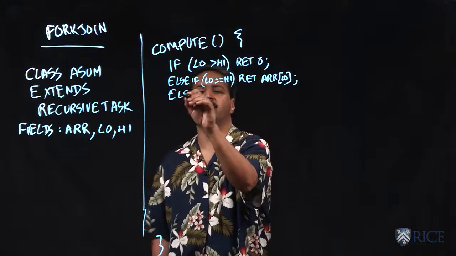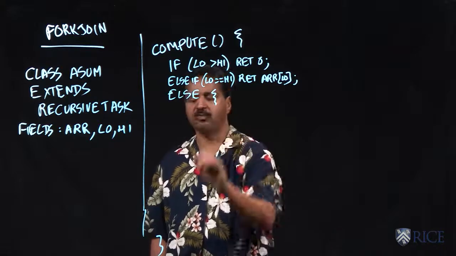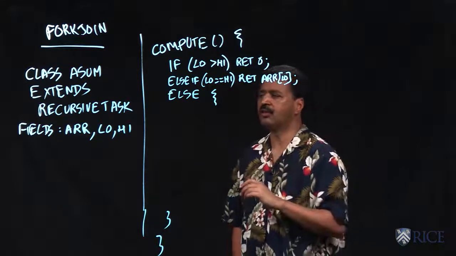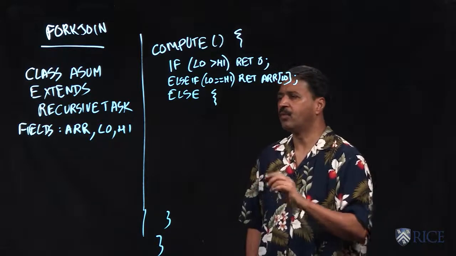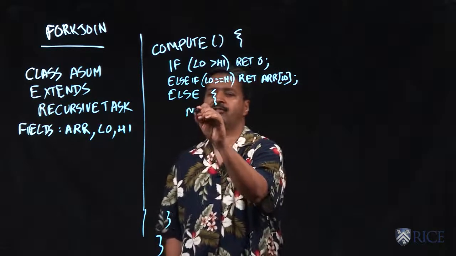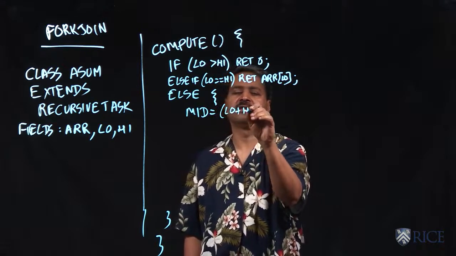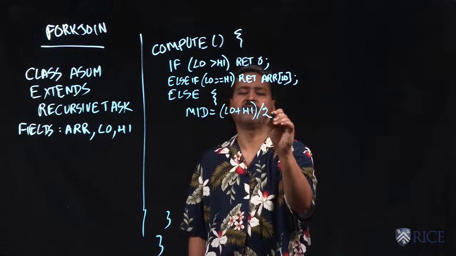Else, and this is the interesting recursive divide and conquer part, we have to figure out what to do in terms of using futures. Well, as before, we compute the midpoint, which is the sum of low plus high divided by 2.